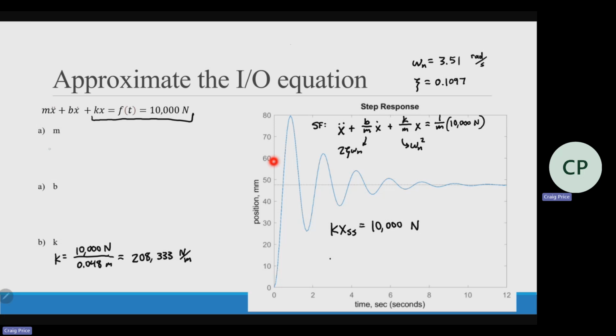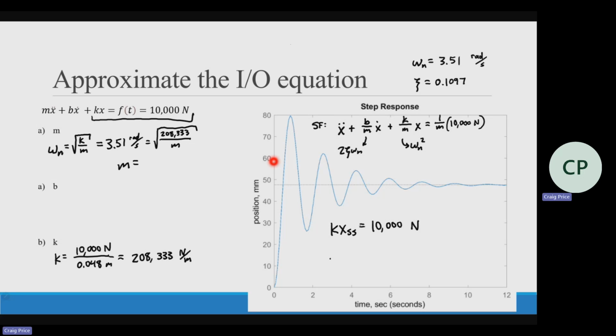We know that natural frequency is equal to the square root of k over m. Natural frequency we found is 3.51 radians per second, equal to the square root of 208,333 divided by mass. Therefore, we can find the mass from that equation.